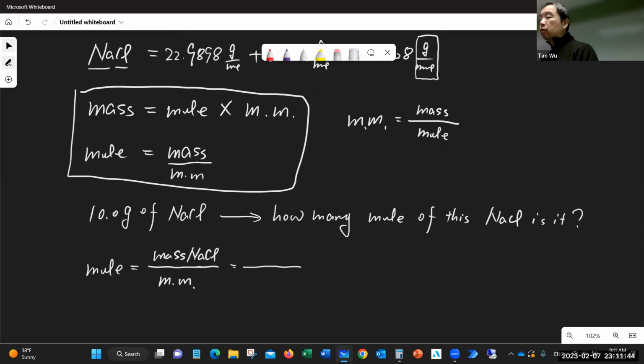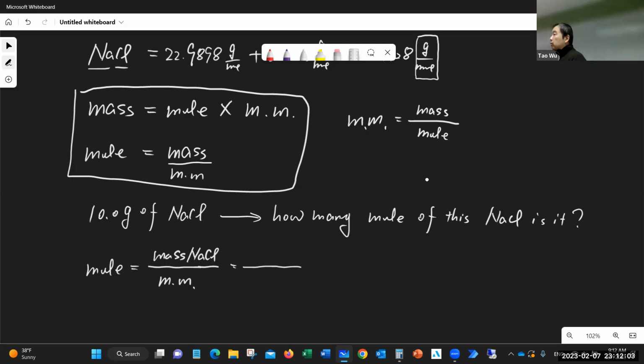The molar mass of sodium chloride you can find from the periodic table. Sometimes the question will give you the molar mass. If they don't, you have to figure it out on your own. As long as you know the formula, you should be able to figure out the molar mass.